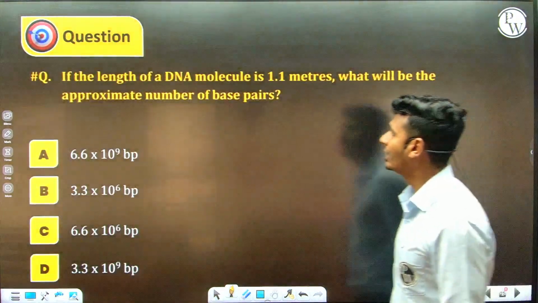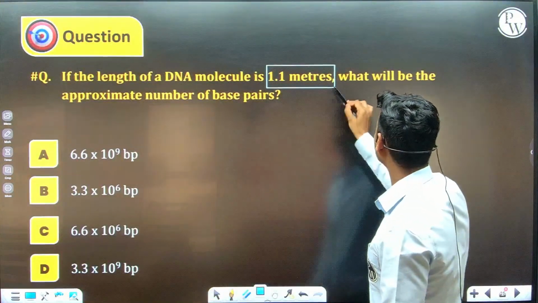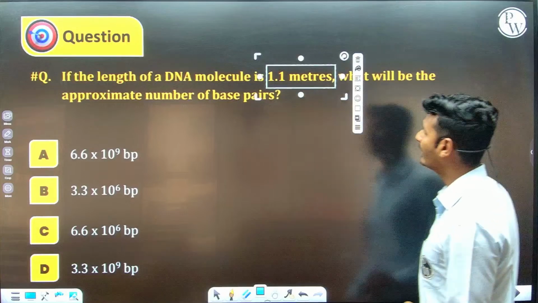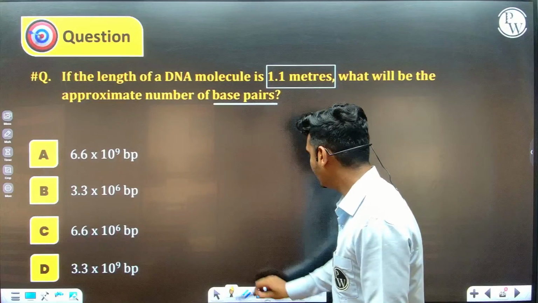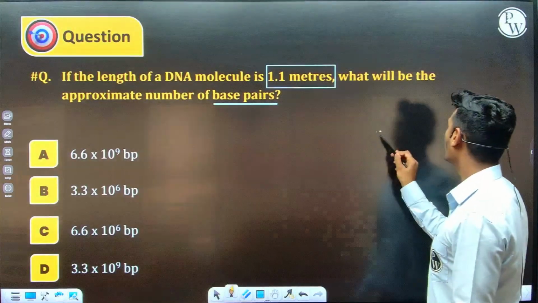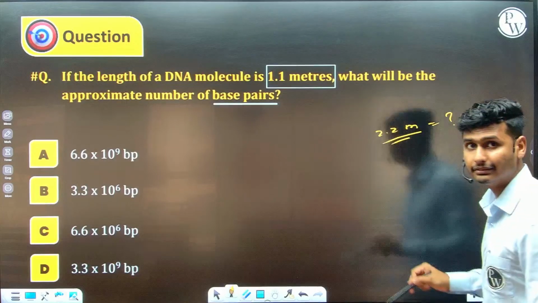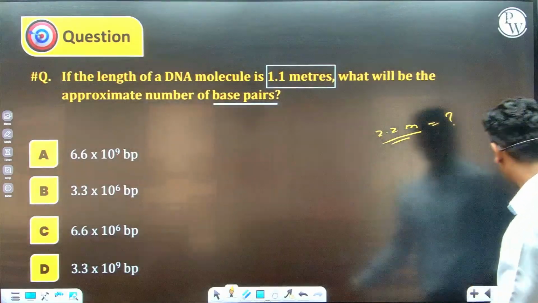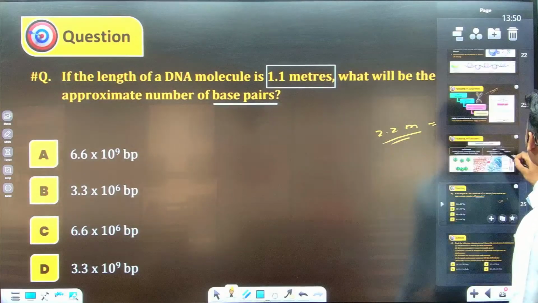First question, if they are giving us the length of DNA as 1.1 meter, what will be the approximate number of base pair? Very easy question. How can we calculate? For 2.2 meter, we already calculated in the previous slide, the base pair is 6.6 into 10 raised to power 9, right?